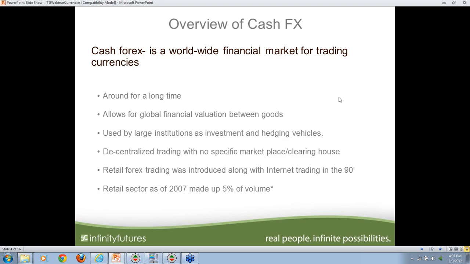The next step: retail Forex trading was introduced along with internet trading in the 90s. It was probably about 1996, I believe, that Forex trading came along. This was around the same time that currencies started to leave the floor for futures trading and started trading online.